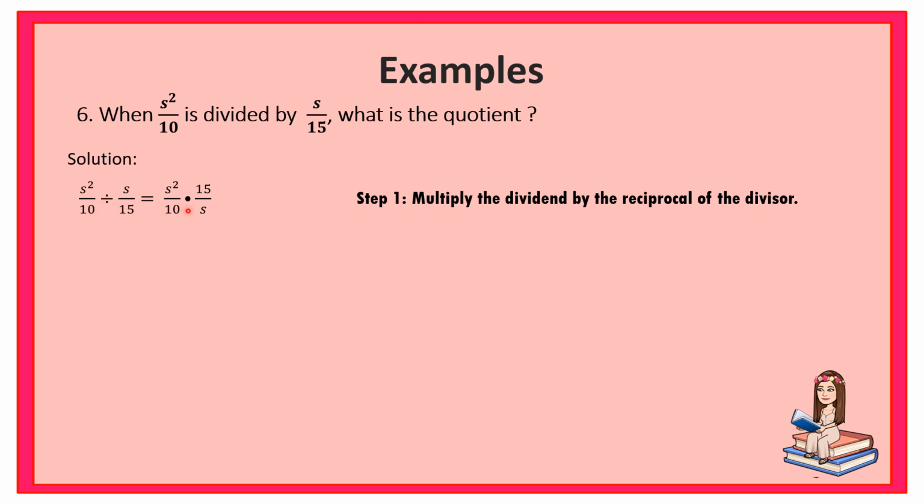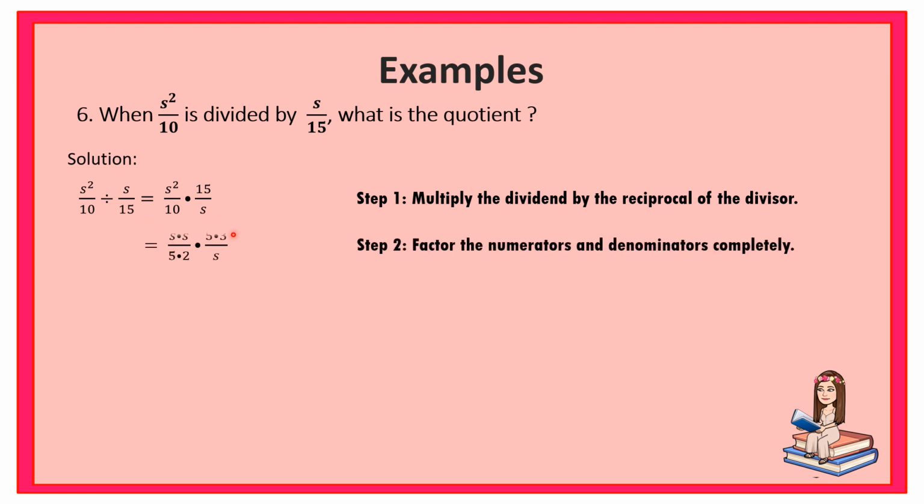Then, ginawa ko siyang times. Tapos, binaliktad yung s over 15. Naging 15 over s. That is the reciprocal. Tulad lang din yan ang ginagawa natin pag nagdi-divide tayo ng fraction. Okay, again, what did I do? I converted the division to multiplication and I got the reciprocal or binaliktad natin yung divisor.